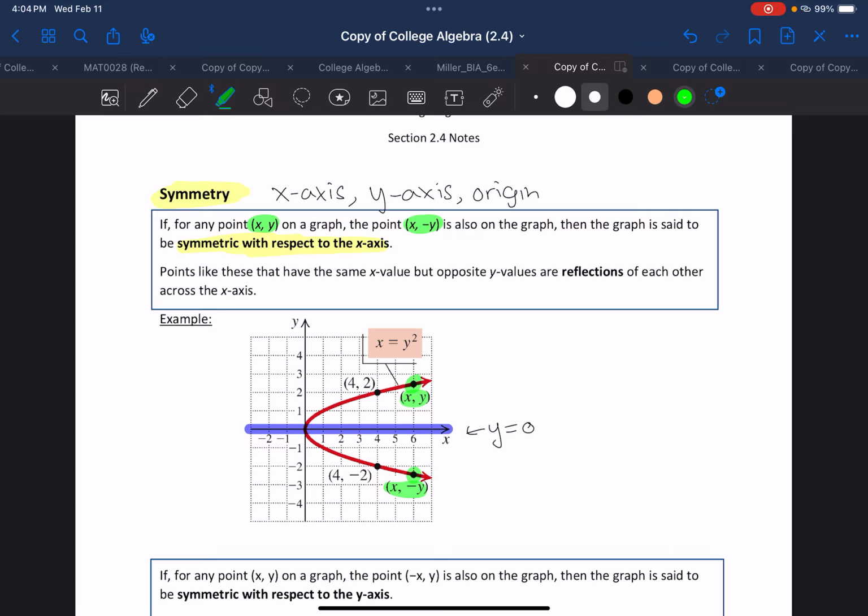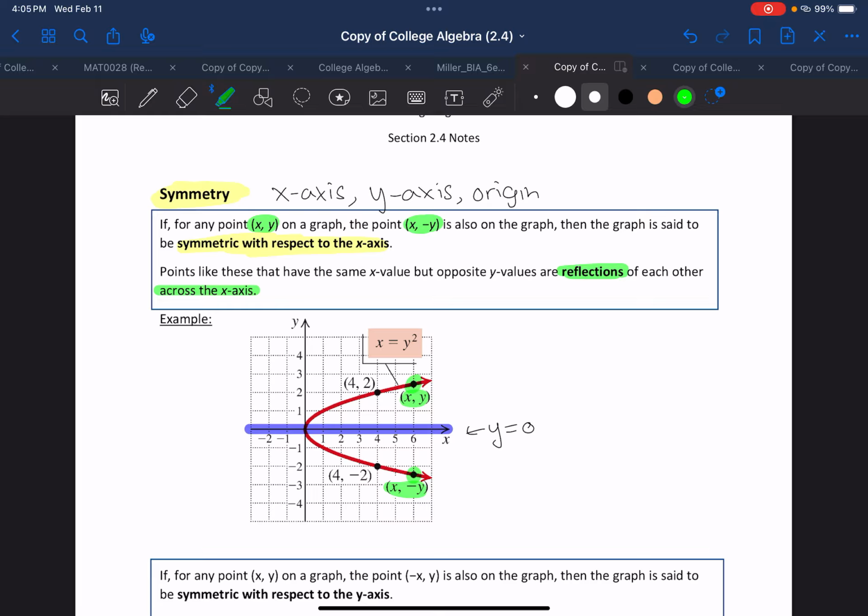That makes sense. If I'm going over the x-axis and I want a mirror image, it'd be the same distance from the x-axis. And one would just be negative because it'd be below the x-axis for negative y. So points like these are called reflections of each other across the x-axis.